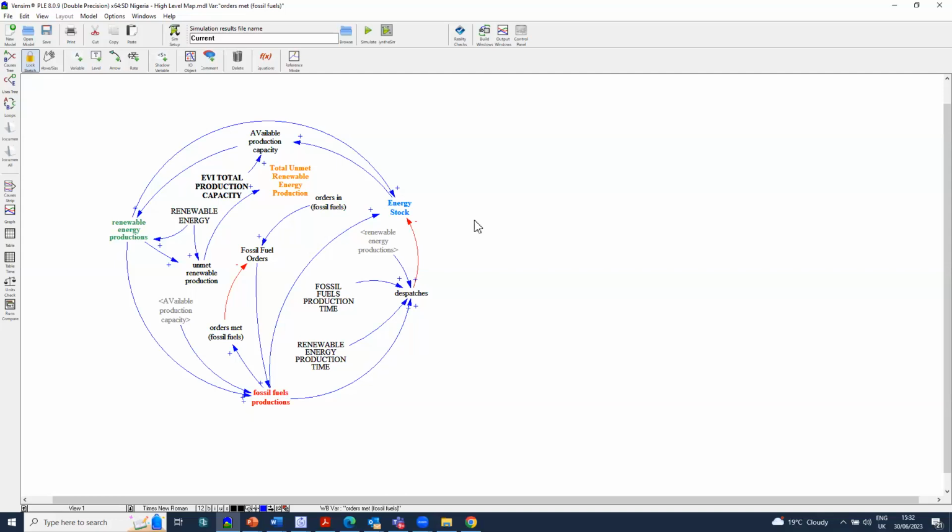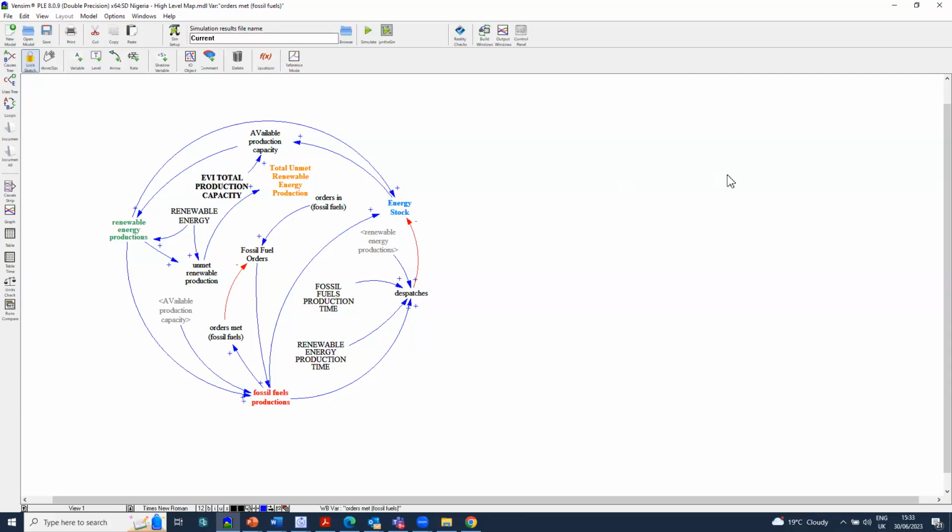No. The only other thing that has anything to do with the energy stock is dispatches. Dispatches take away from it. This takes into it, this takes into it. But this information, available production capacity, is not taken away from it. It's just information that is being fed into it. See that?